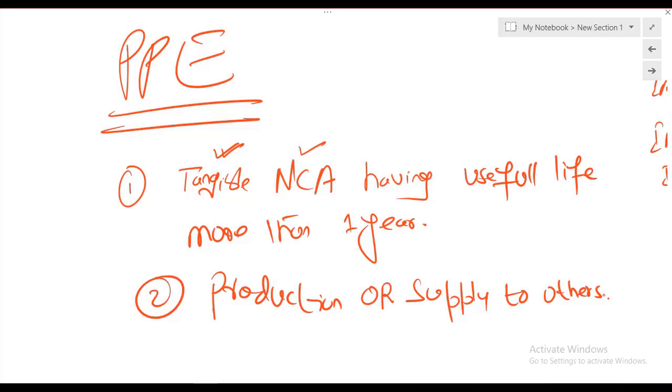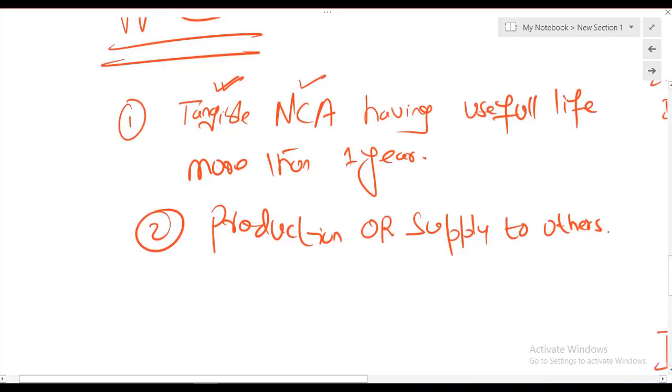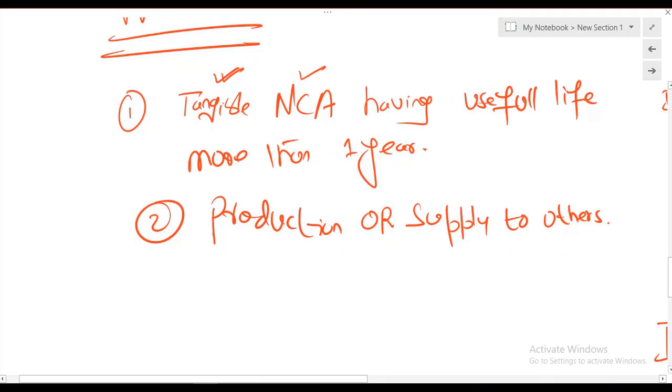So those lorries are being used for supply to others, and on those lorries we are supposed to apply IAS 16, property, plant and equipment.